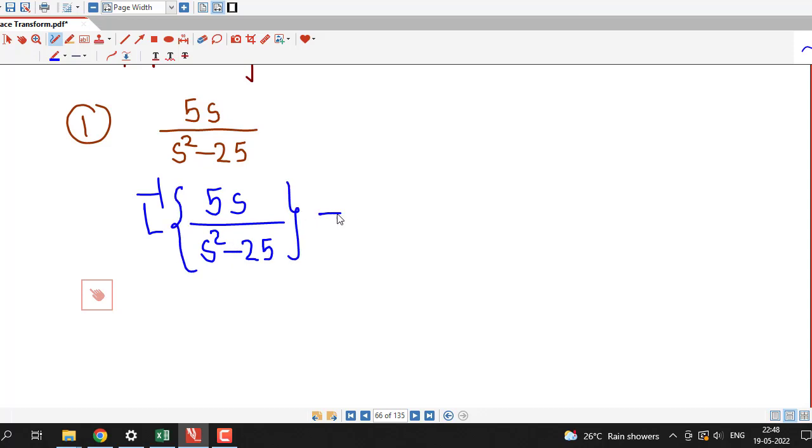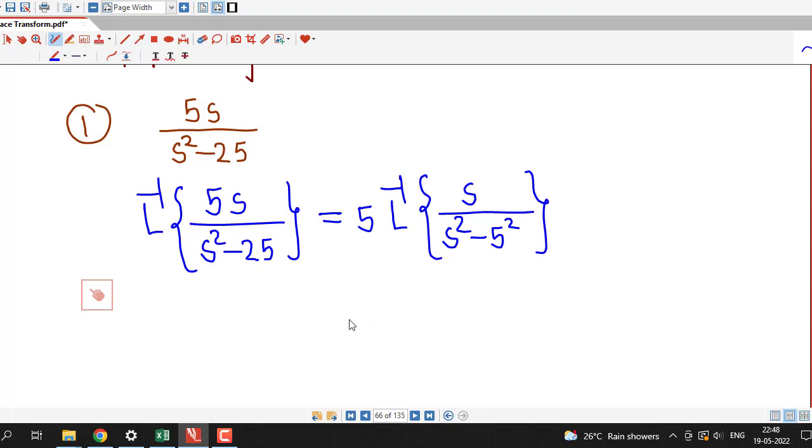So this I can rewrite as 5 times L inverse of s divided by s square minus square of 5. So I have to think that this function s divided by s square minus 5 square is Laplace transform of which function of t.